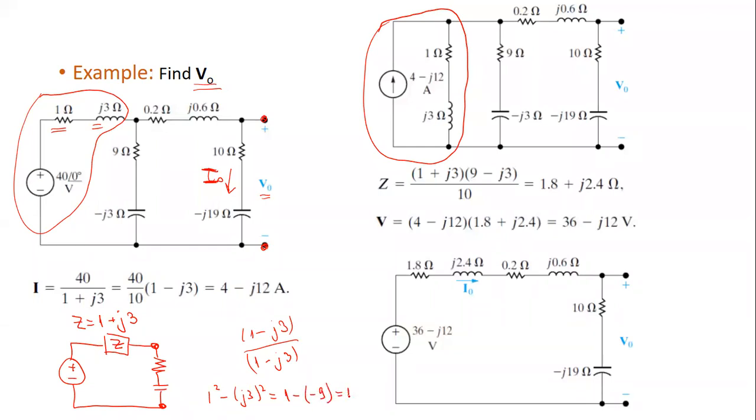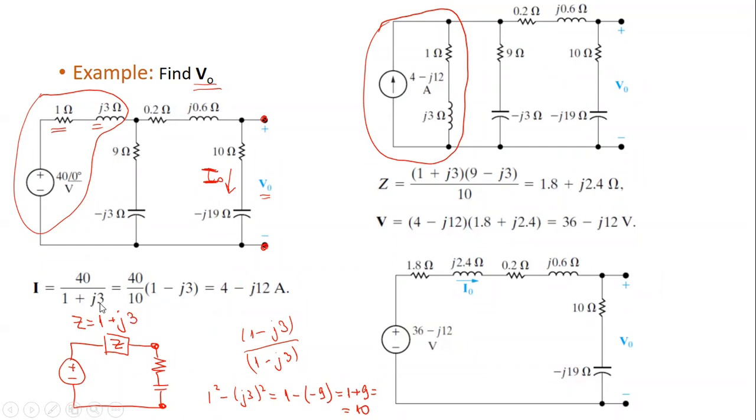So this will be 1 plus 9, which is 10. This is how to get rid of the complex number in the bottom. You can multiply by the conjugate, or you can convert the bottom into polar form, divide the magnitude by the magnitude, and deduct the lower angle from the upper angle. So it's up to you.